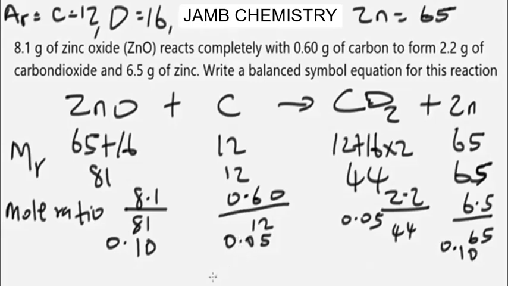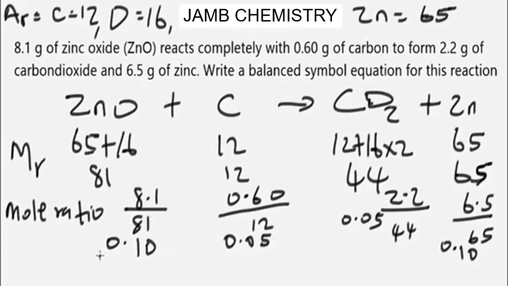So the next thing I'm going to do, in order not to leave it in decimal value or in points like this, is to divide through by the least mole ratio. The least mole ratio here is 0.05. 0.05 is less than 0.1.